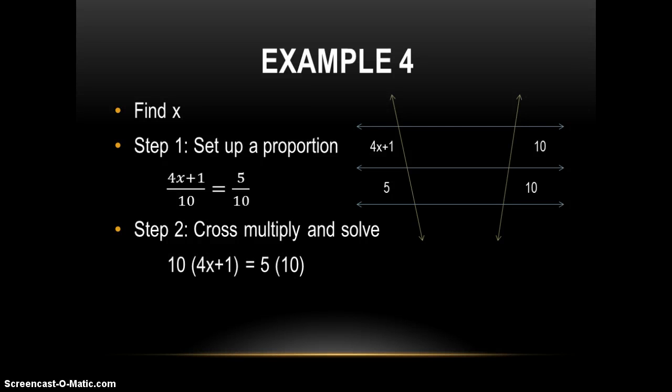So we're going to have 10 times 4x plus 1 equals 5 times 10. Now we want to distribute the 10 to both the 4x and the 1. So we're going to have 40x plus 10 equals 50. Subtract the 10 over and we get 40x equals 40. And then we get x equals 1.